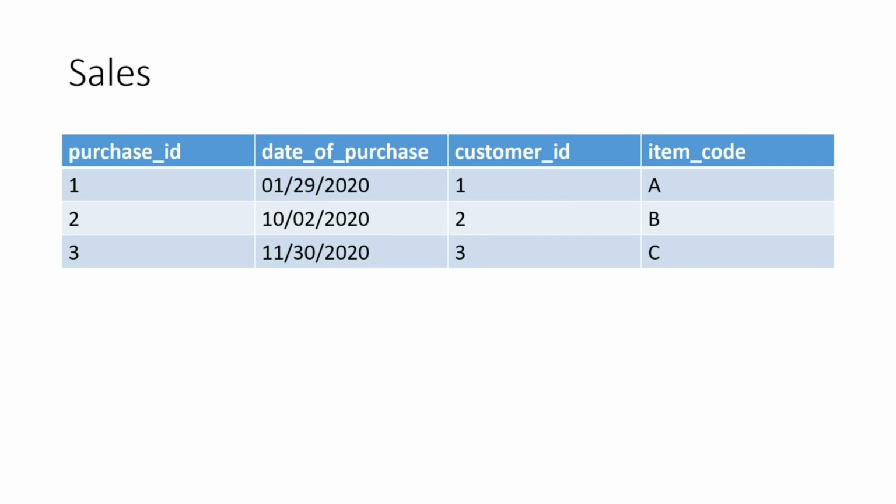In this example, you will see a table that contains data about customer sales. This is how we should read this information. The purchase number here was registered on this date, January 29, from customer number 1 who bought the item, code A. So each of the 4 elements has a specific meaning.